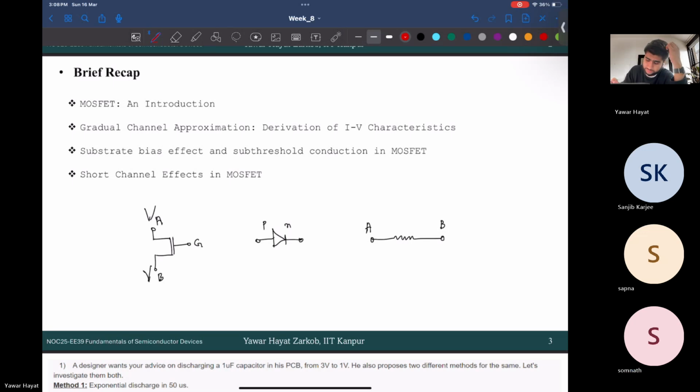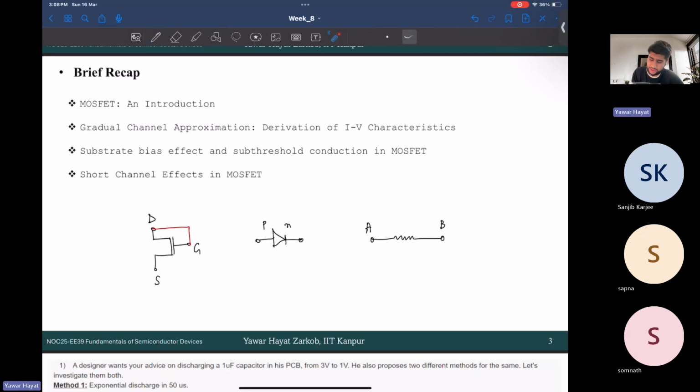Yes, sir. Okay. Now let this be drain, this be gate, and this be source, right? Now, what will happen if I connect drain and gate?